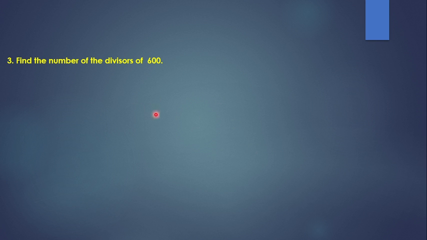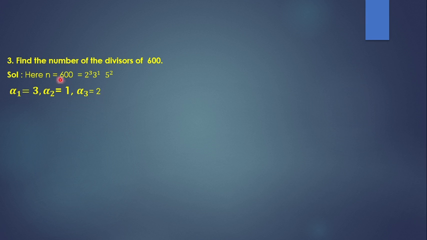Next example: find the number of divisors of 600. As we have done in the earlier case, try to find the prime factors for this given number. So n equals 600, which equals 2 raised to 3, 3 raised to 1, 5 raised to 2. So p1 equals 2, p2 equals 3, p3 equals 5, and these powers represent the alphas.